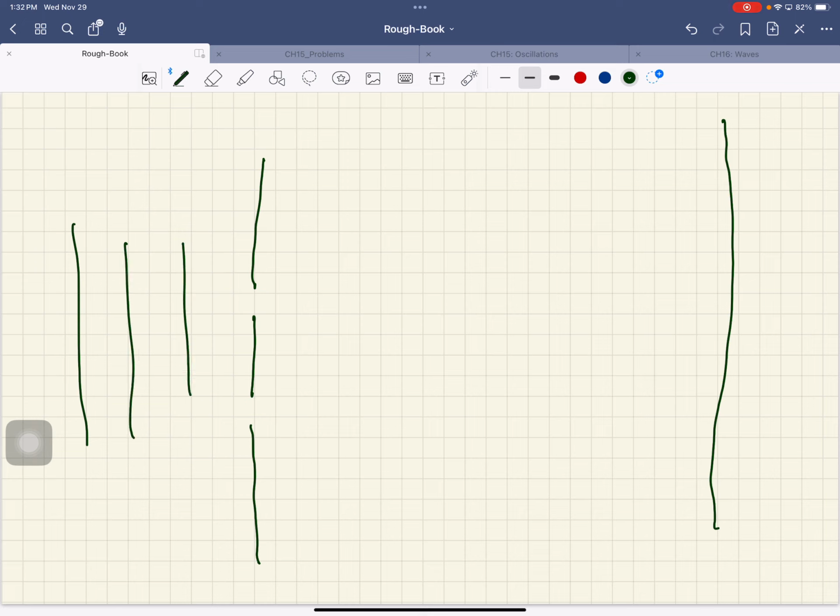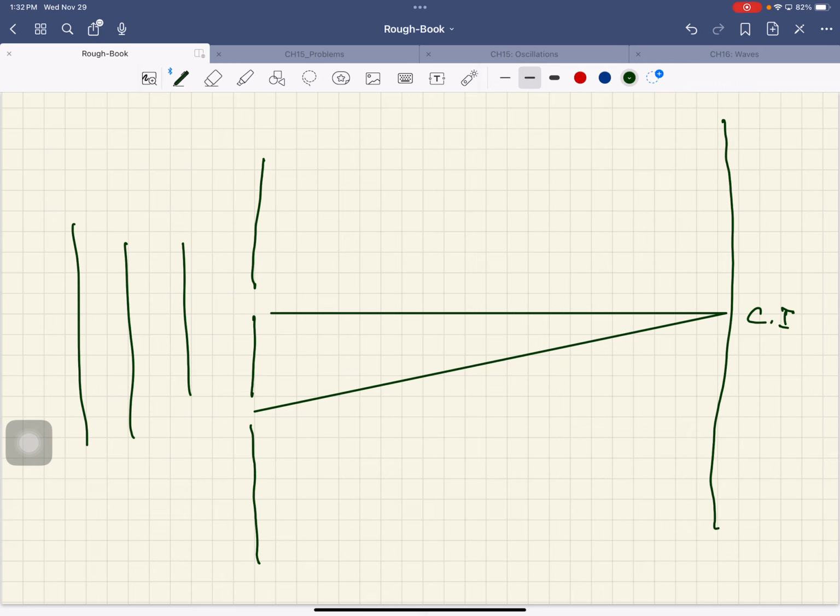One wave travels there and reaches this wave. One wave travels here and reaches here. And here you have constructive interference, meaning two crests are meeting. Here you have destructive interference, meaning a crest is meeting a trough. Here, a crest is meeting a crest. Did you guys understand that?